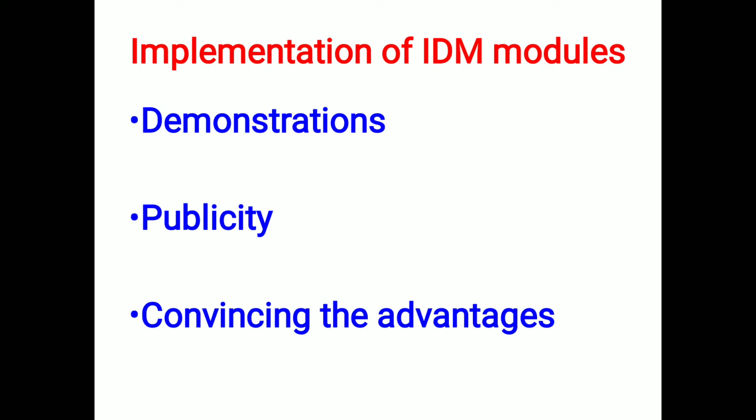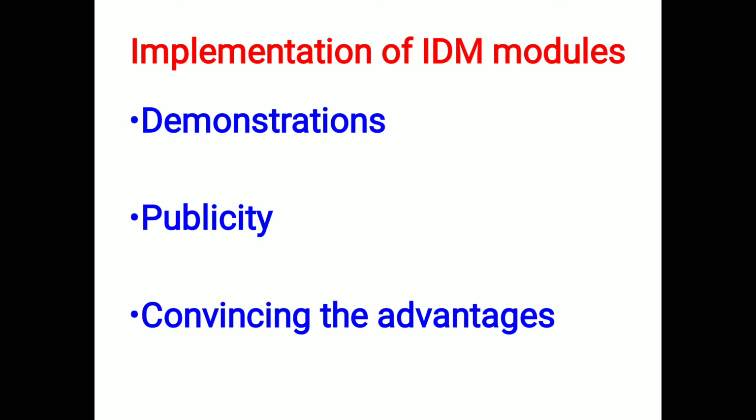Next one, for implementation, publicity is very important, because most of the farmers are not aware of the use of IPM modules due to certain obstacles. Those obstacles we can discuss later. So we can do the publicity of IPM modules, or utilization of IPM modules, through different media, through leaflets, folders, newspapers, through audio and video ads.